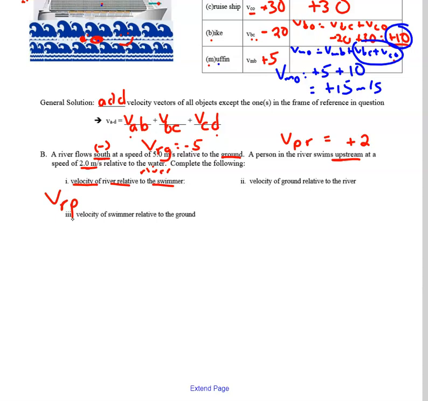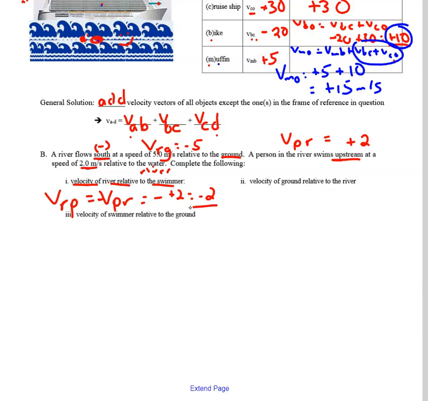But if I'm the person, you don't see yourself moving, you see the river going the opposite way. So the velocity of the river relative to the person is the negative of the velocity of the person relative to the river. So the negative of +2 is simply -2. In other words, if you are the swimmer, the river seems to be going backwards relative to you.